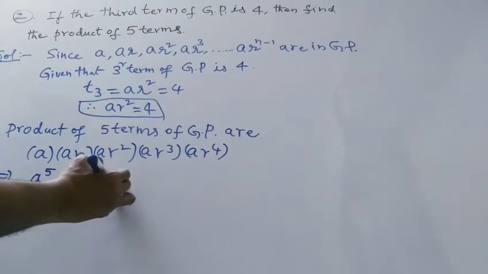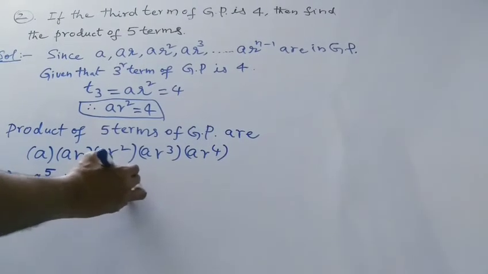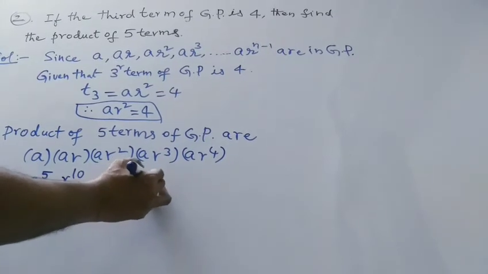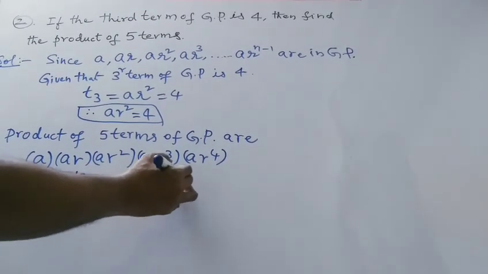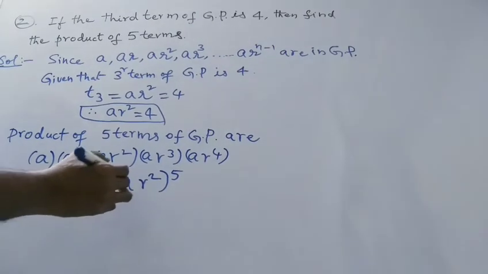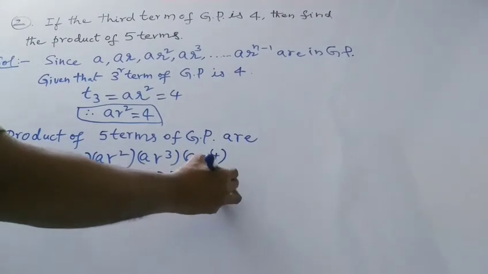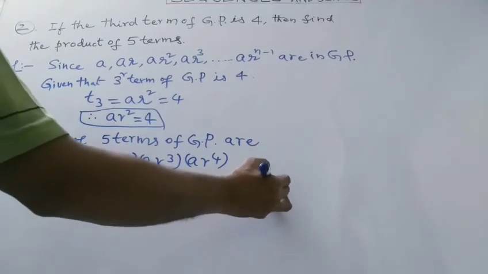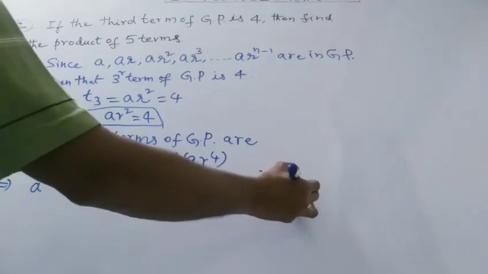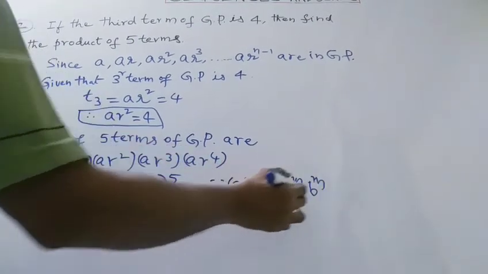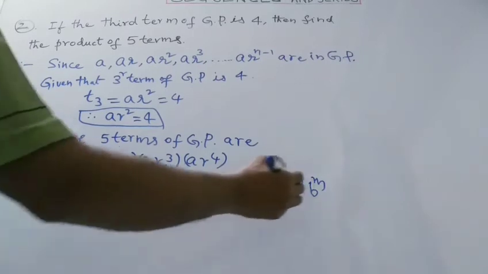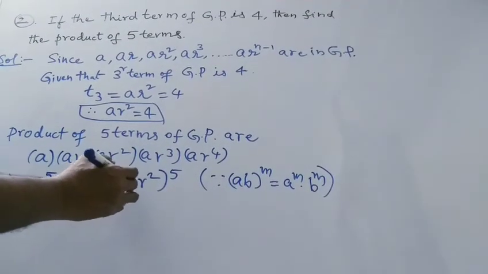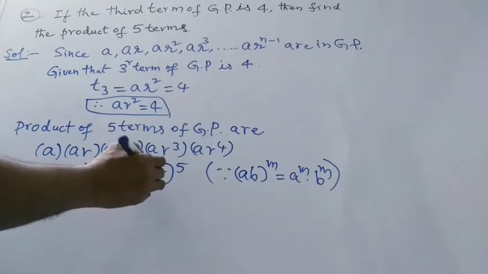It becomes A into R square, whole to the power of 5. Why? Because since AB whole to the power of m is equal to A to the power of m into B to the power of m, by using this basic concept we are writing like this: A into R square whole to the power of 5.